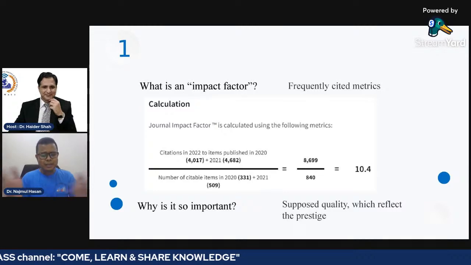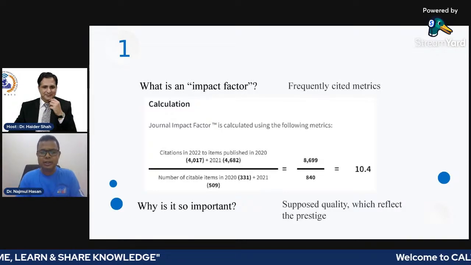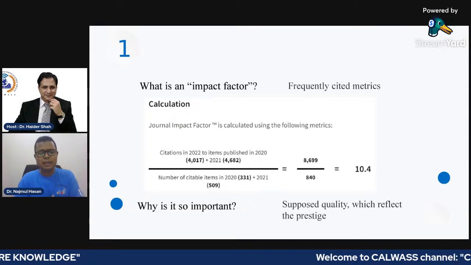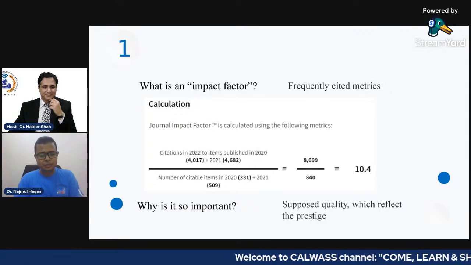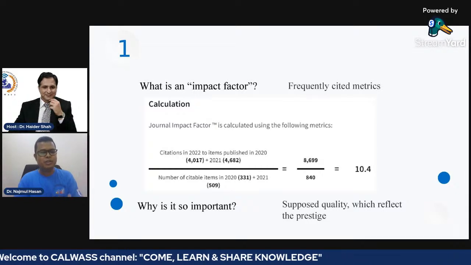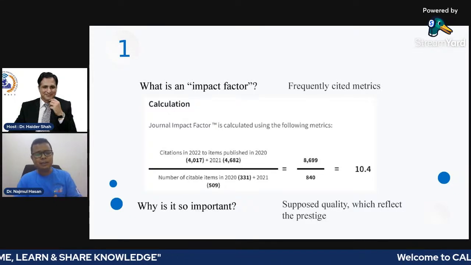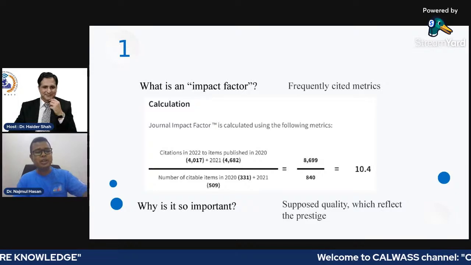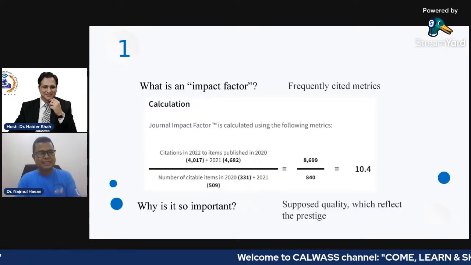In many cases, dear audience, when you apply for higher education, the employer or the university doesn't ask what your project title is, but they are eagerly waiting to see in which journal you published. That is the main factor.